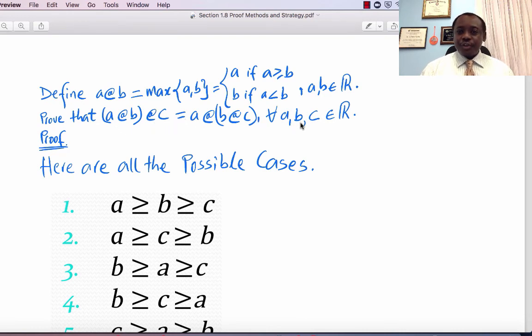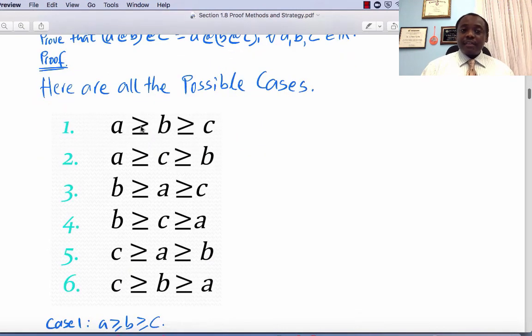Now I have 3 elements, 3 real numbers, A, B, and C. And the maximum of A and B would depend on whether A is greater than or equal to B or A is less than B. So I have a couple of cases here. A greater than or equal to B, greater than or equal to C, A greater than or equal to C, greater than or equal to B, and so on and so forth.